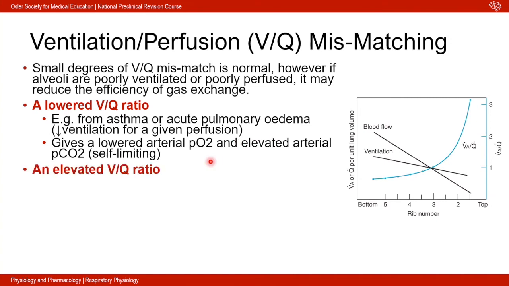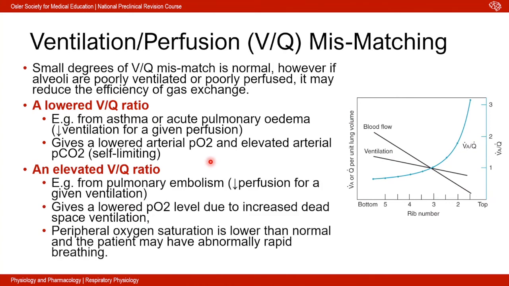On the other hand, we can also have an elevated VQ, which can occur from a pulmonary embolism, which is just a big blood clot in your lungs. This decreases the amount of blood that's getting to your lungs for the amount of air that's going in and out, so you're going to have reduced efficiency of gas exchange.